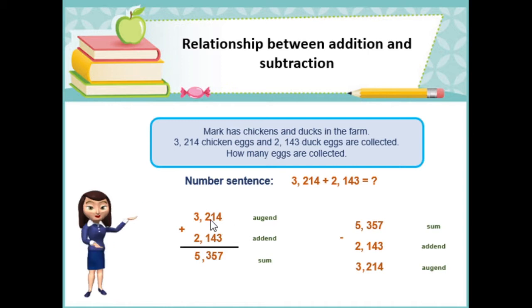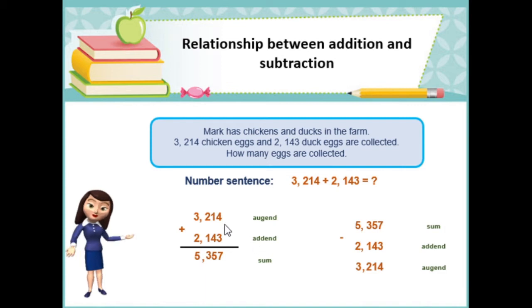So 4 plus 3 equals 7. 1 plus 4 equals 5. 2 plus 1 equals 3. 3 plus 2 equals 5.